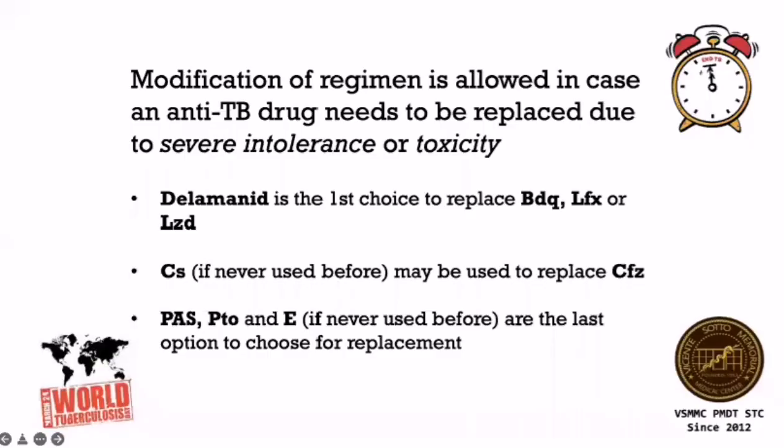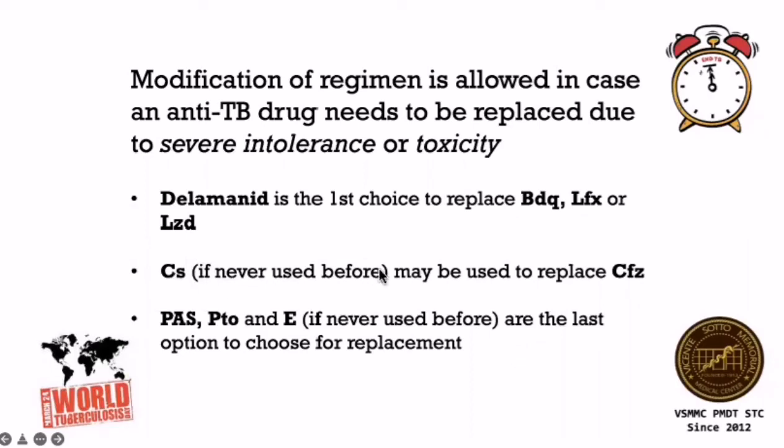So as I've mentioned earlier, we can modify our regimen if severe intolerance or toxicity is experienced by our patient. So delamanid is the first choice to replace BDQ, levofloxacin, or linezolid.